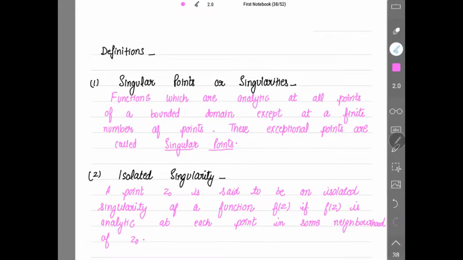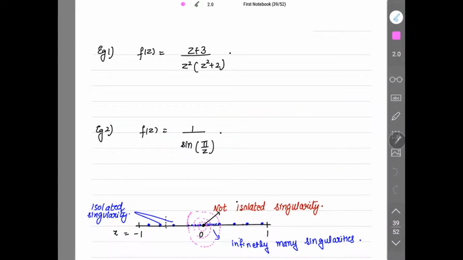For example, f(z) is equal to z plus 3 over z square into z square plus 2. In this kind of function, first we check what the singularities are. Singularity means where the function is not defined, where the function is infinite, and where the function is not analytic. So what are the singular points then?